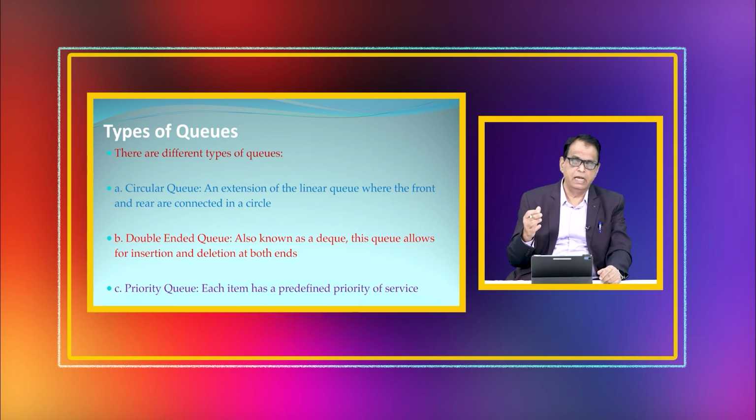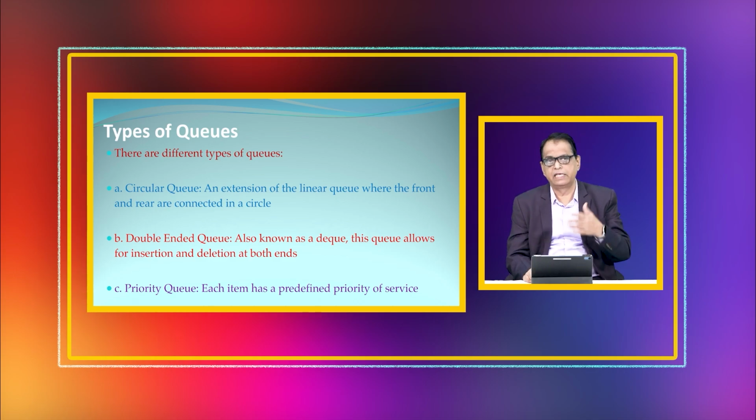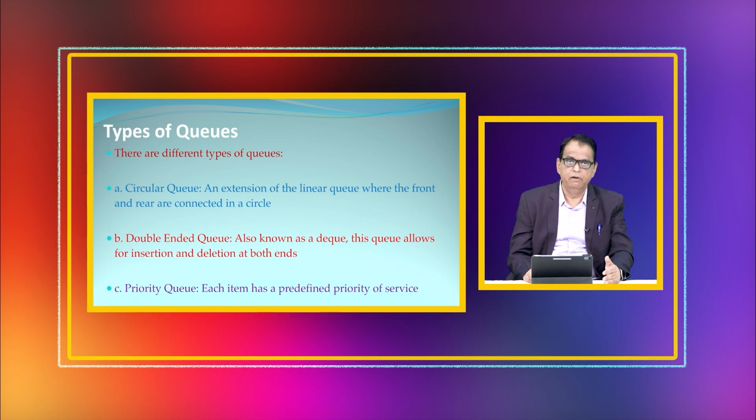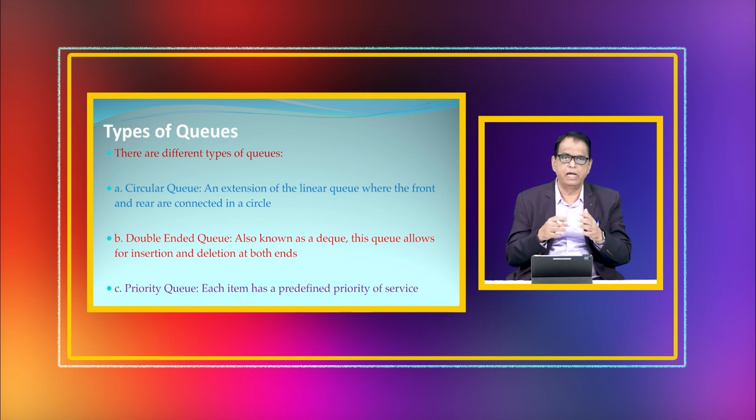Those who have higher priorities will be given access first, and those who have lower priorities will be given access at the end. So, when we assign every element of the queue some kind of priority level, then that queue is called a priority queue.